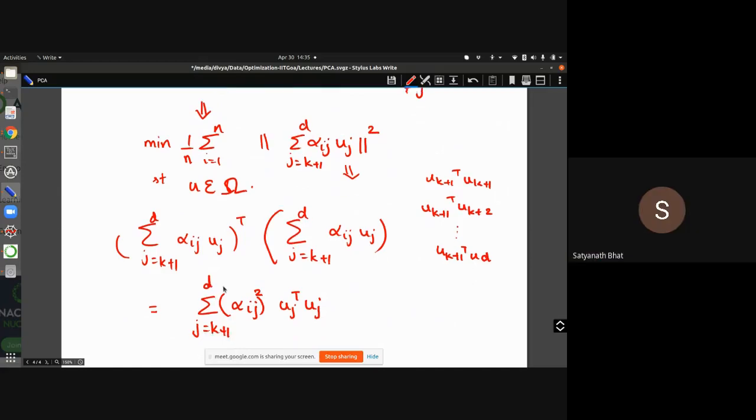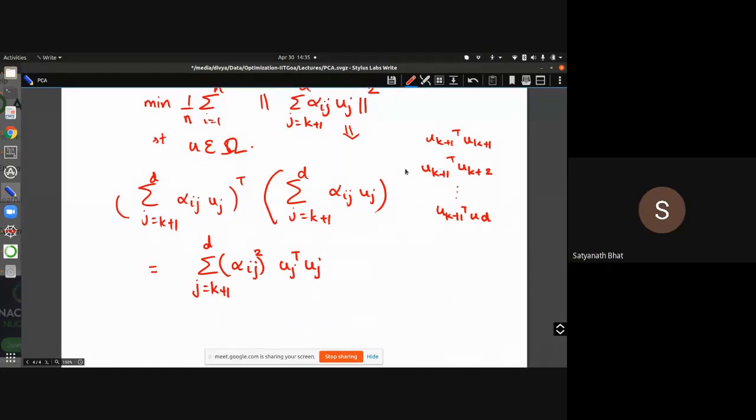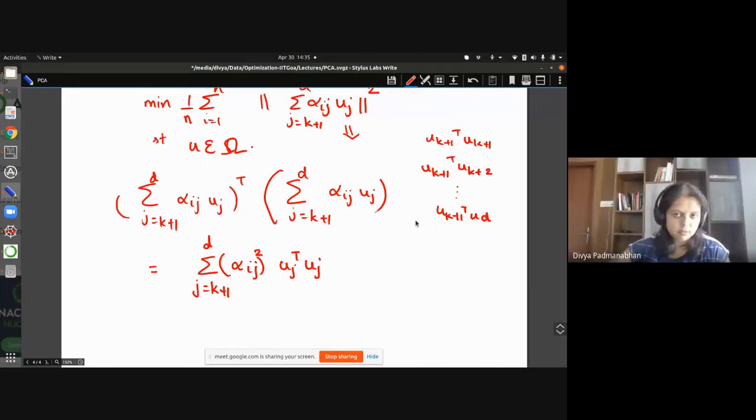So you are writing only the norm term, right? Yes, just the norm term, only this part. The norm is just this vector transpose the same vector.